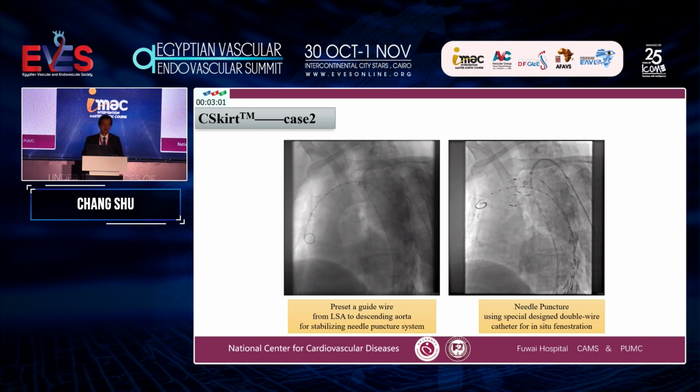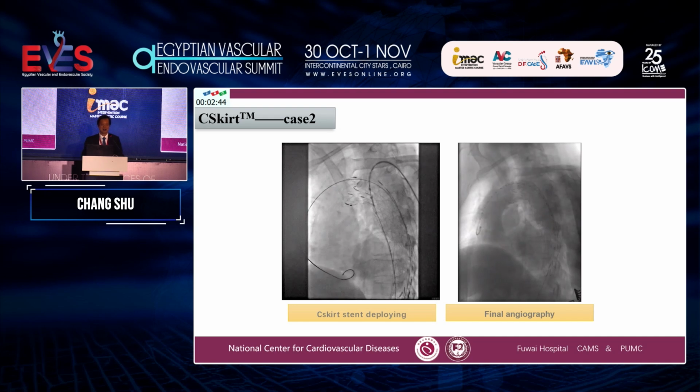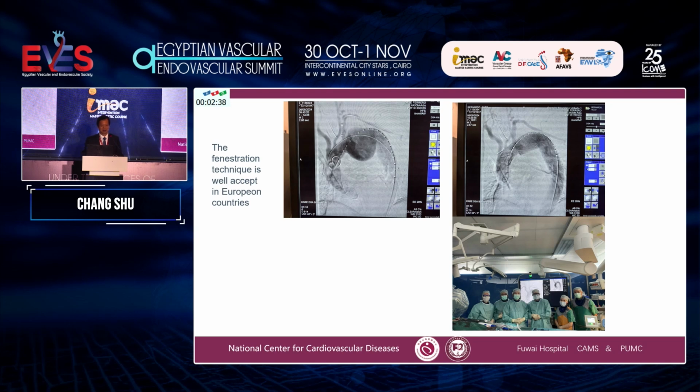You may find from this device, the bending well goes to the descending aorta, and the puncture needle from the same catheter punctures the graft. Then you can use a balloon to dilate it, then return the catheter, then deploy the branch stent graft inside. It's very easy to finish the whole procedure with a very good result.